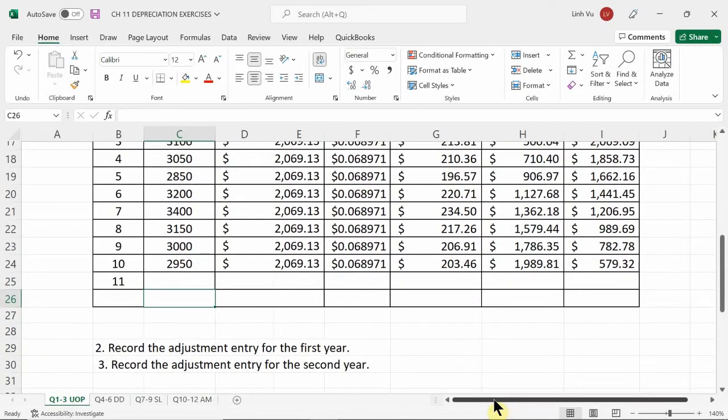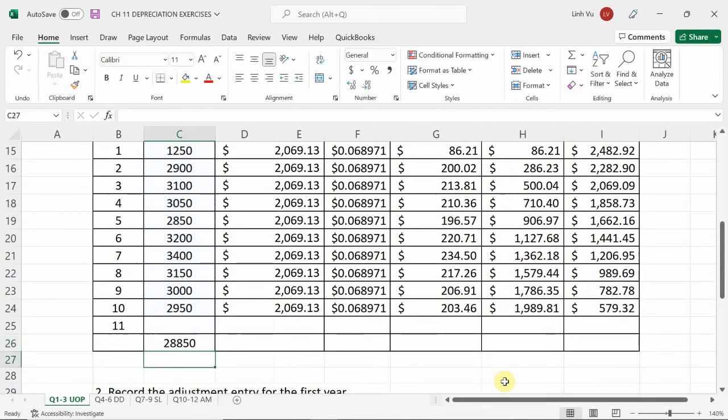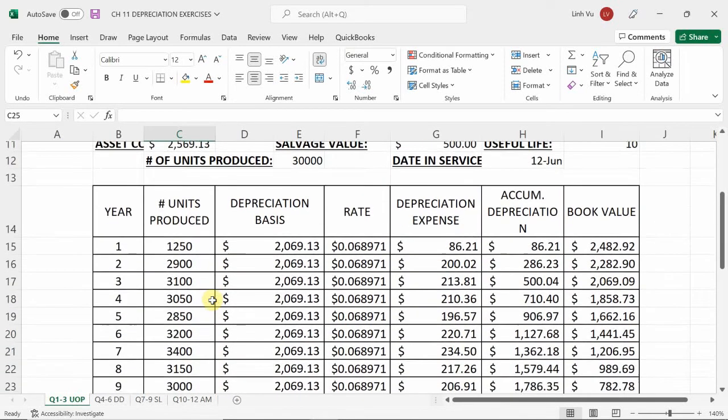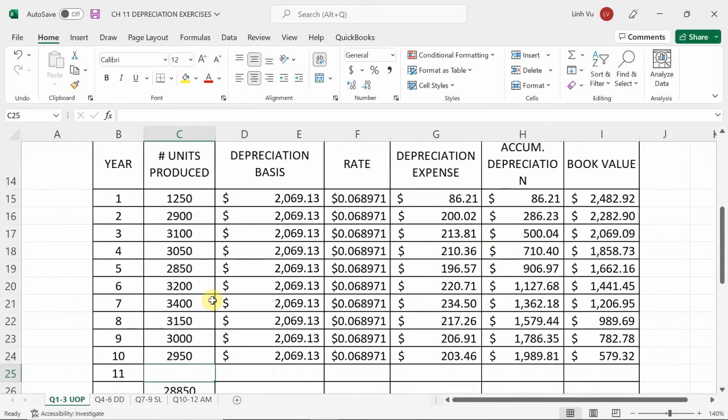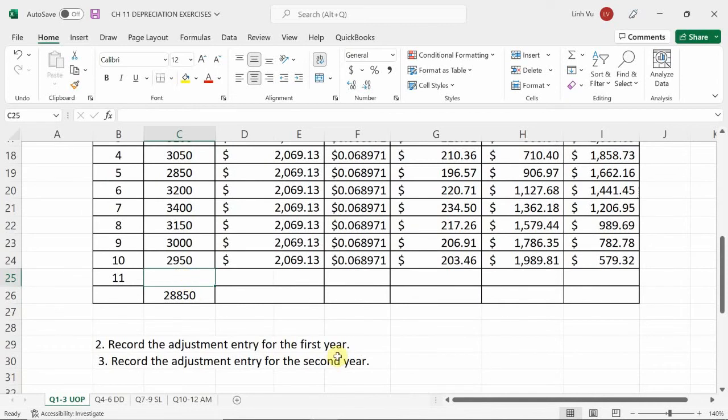How many units have I produced so far? 28,850. So how many more units can I produce? 1,150.